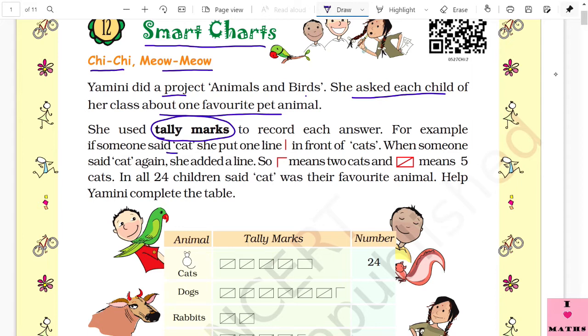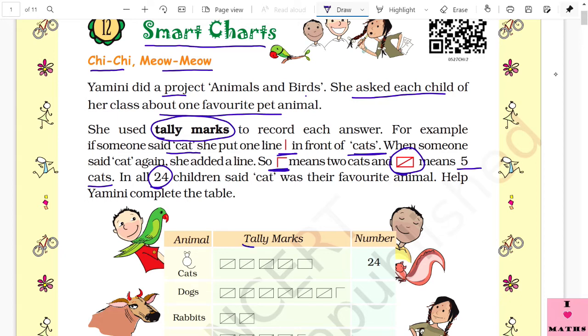For example, if someone said cat, she put one line in front of cats. When someone said cat again, she put two lines, meaning two cats, and this means 5 cats. In all, 24 children said cat was their favorite animal. Help Yamini complete the table.